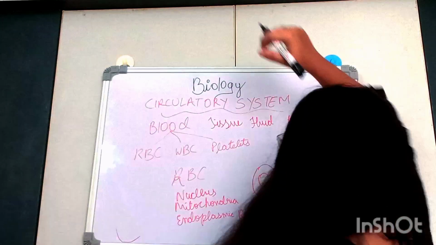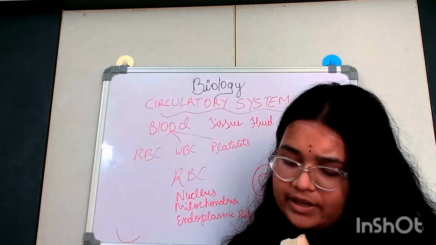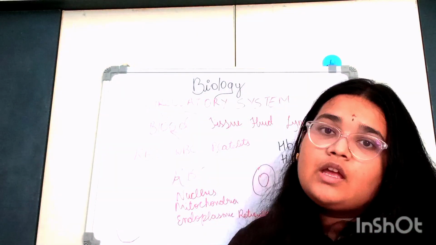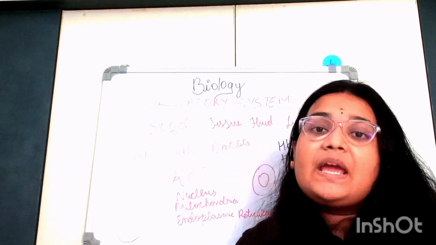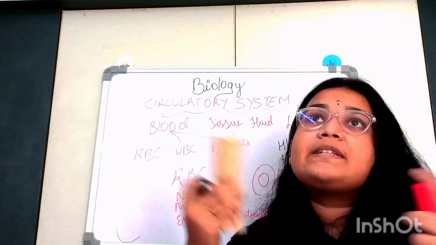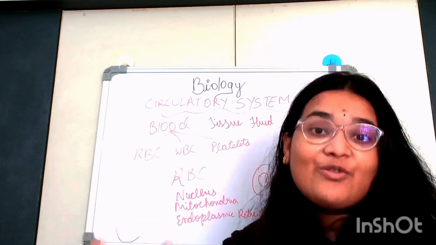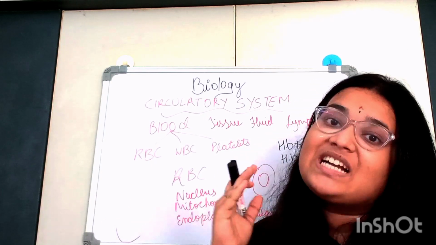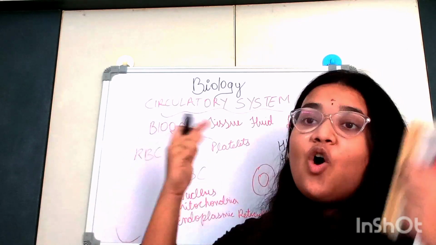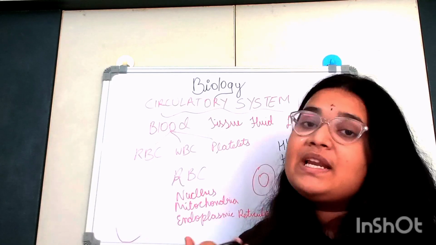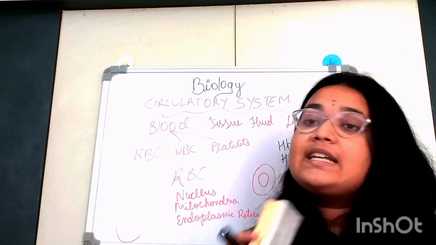I'll just write that formula over here. If we don't get oxygen, sometimes when we are sitting in a suffocating room, carbon monoxide is formed. At that time hemoglobin also forms a complex compound with carbon monoxide, and the whole body will be receiving carbon monoxide, and it's very dangerous.